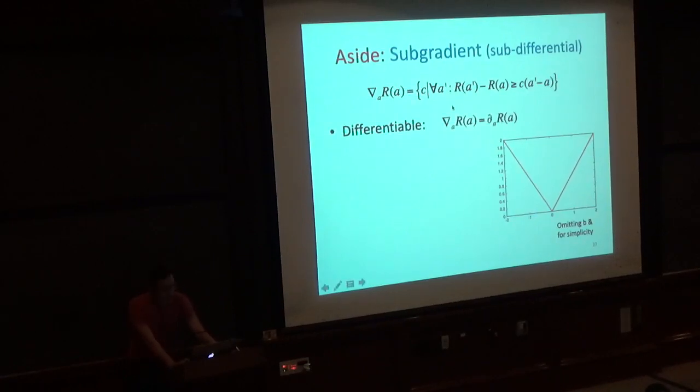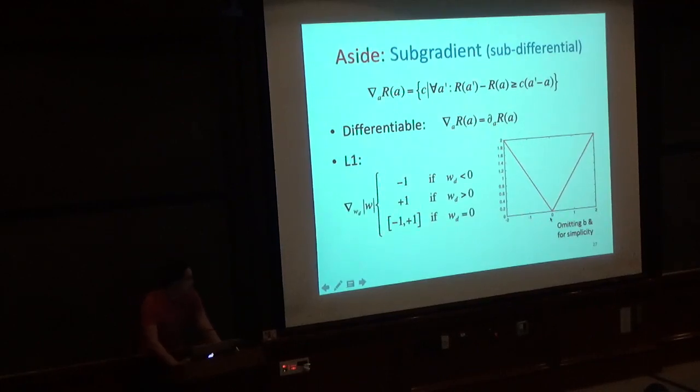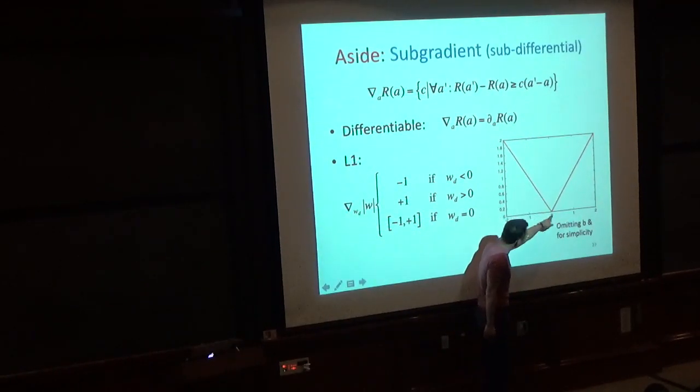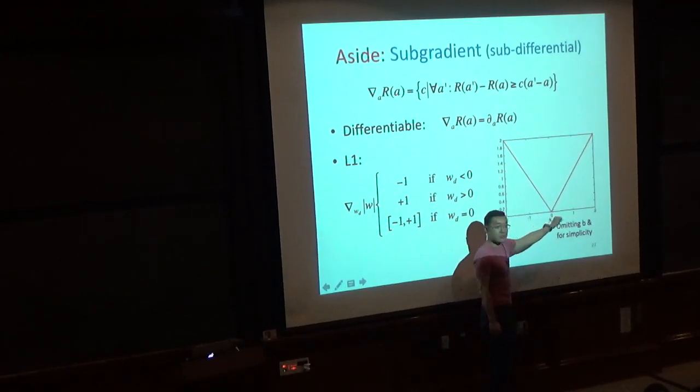If a function is differentiable at a point A, then the subgradient at that point is equal to the gradient. The subgradient is a singleton set, which is just the gradient. However, in L1, the L1 penalty function, the absolute value function, is not differentiable at the origin.